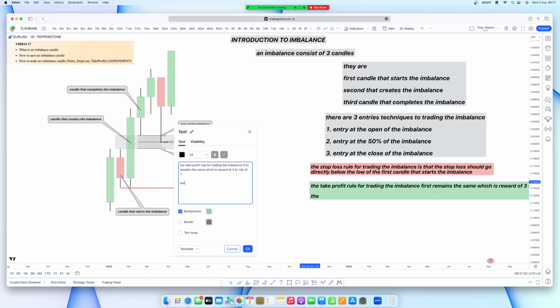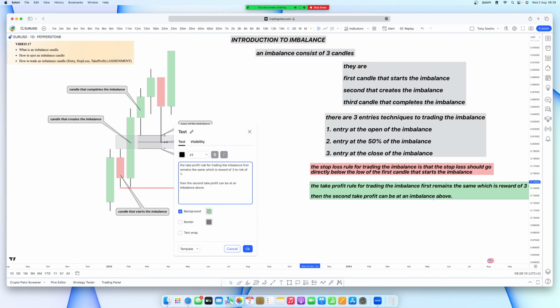Then the second take profit can be at an imbalance above. So your first TP definitely should be at 1 to 3. And if you want to go beyond 1 to 3, maybe the price still looks like it wants to go up, where can you look to take a second profit?